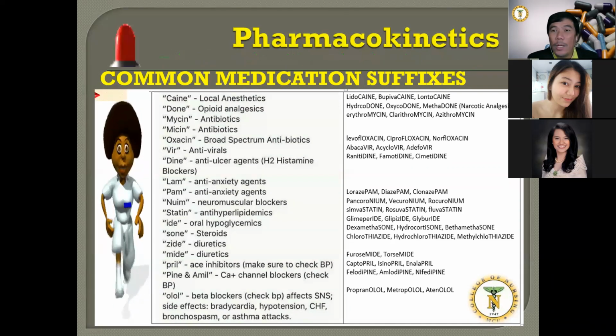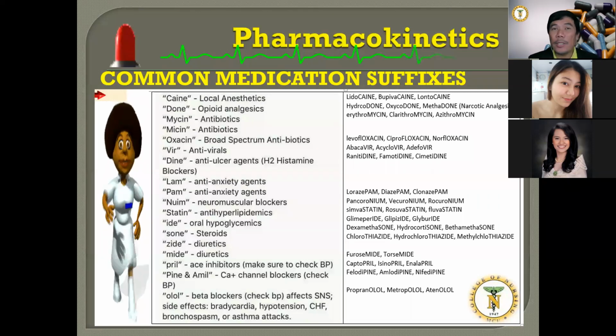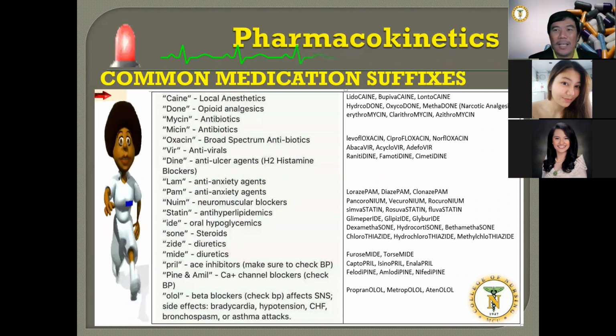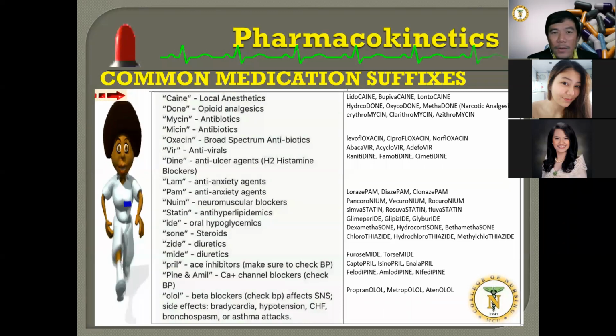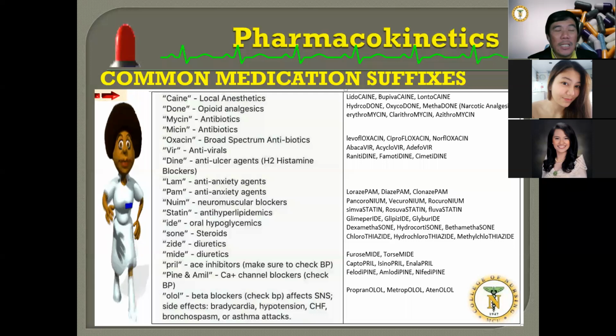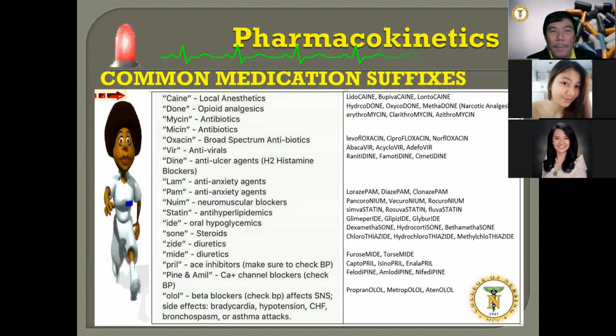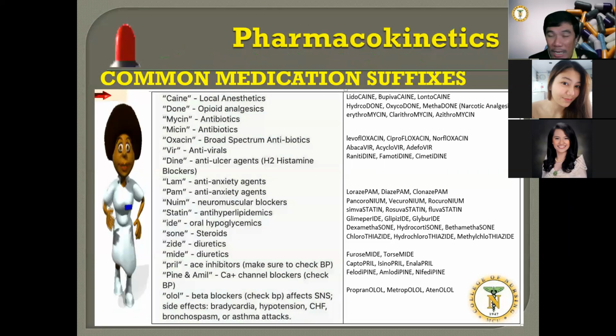So when you encounter antacids, these are drugs that counteract the effect of the acid level. Those drugs that have aluminum and magnesium in the generic name, the most common examples being aluminum hydroxide and magnesium hydroxide, or milk of magnesia.